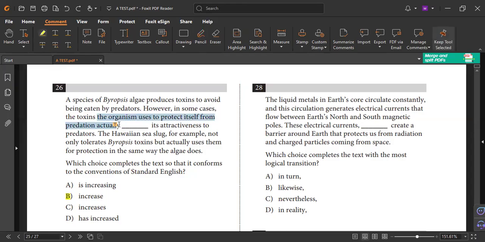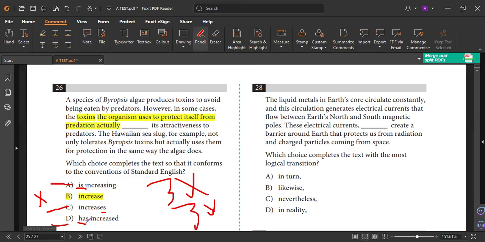This is a clause: the toxins which the organism uses. So toxins here is the subject, and you need a plural verb for agreement, as you know. If you find it in the exam, use the hack. Singular, singular, singular, wrong. Three plural, wrong. As you know, "is" is singular, here singular, here singular. Imagine it.